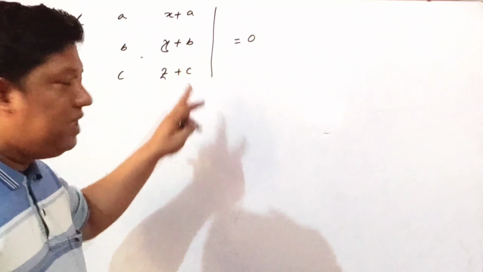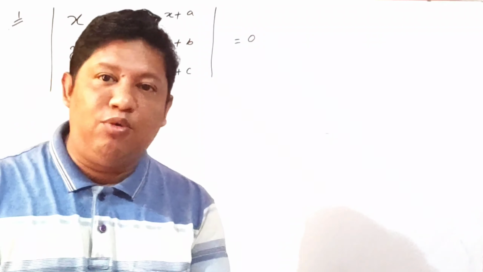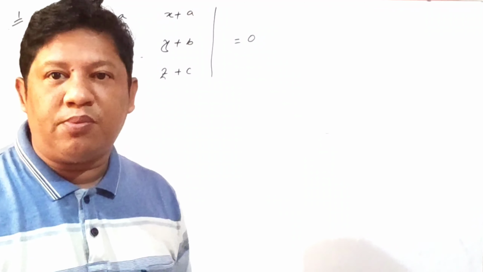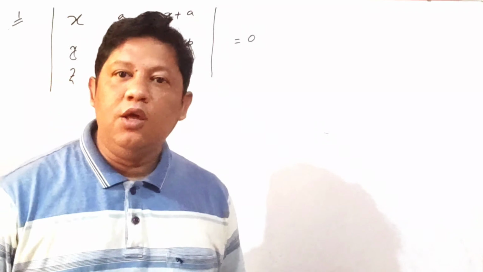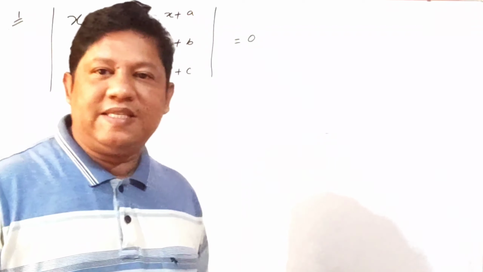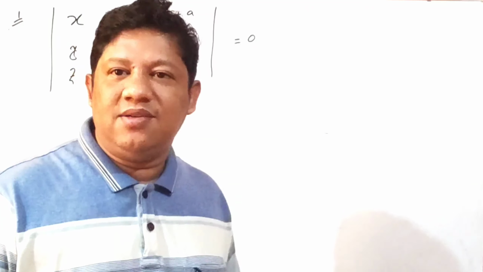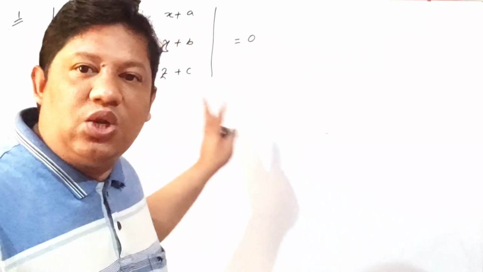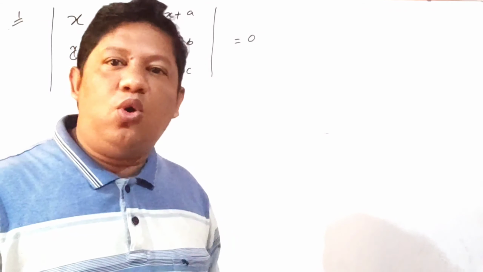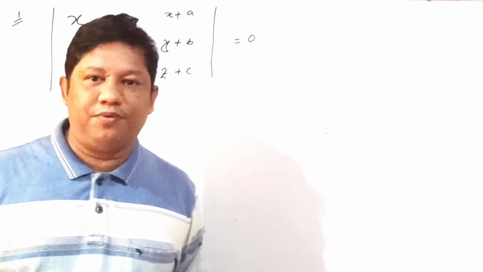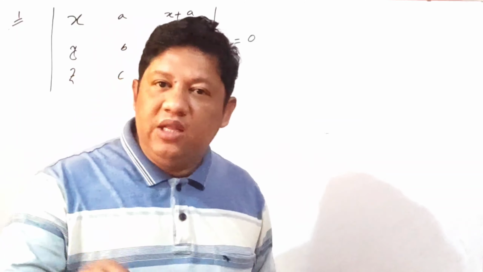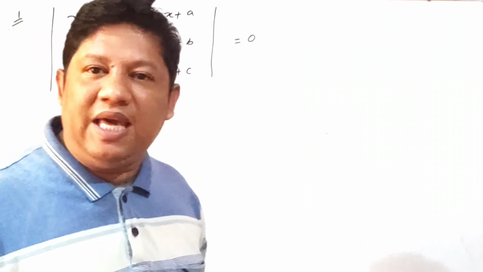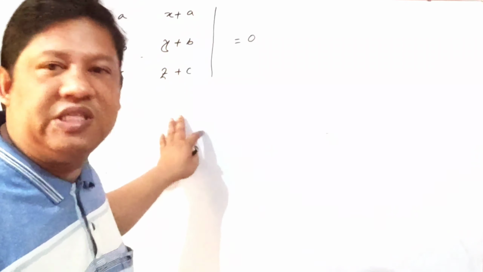That is why this can be expressed as the sum of two determinants according to the properties of determinants. Because in the properties we already discussed, if any row or any column of a determinant is the sum of two elements, then the determinant can be expressed as the sum of two determinants.